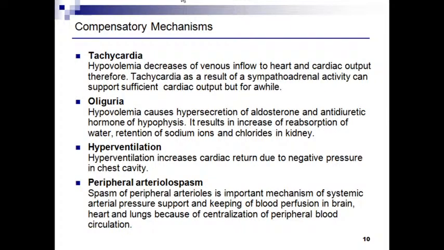And peripheral arteriospasm. Spasm of peripheral arterioles is an important mechanism of systemic arterial pressure support and keeping of blood perfusion in brain, heart, and lungs because of centralization of peripheral blood circulation.